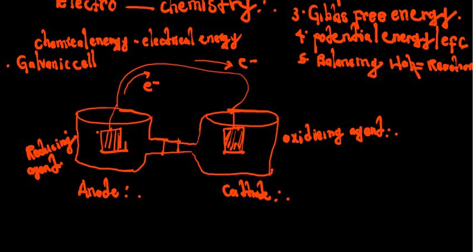You also need to understand the flow of electrons. So I emphasize again, the electrons in a galvanic cell move from the reducing agent going to the oxidizing agent, from the anode going to the what? Going to the cathode. Do we get that?